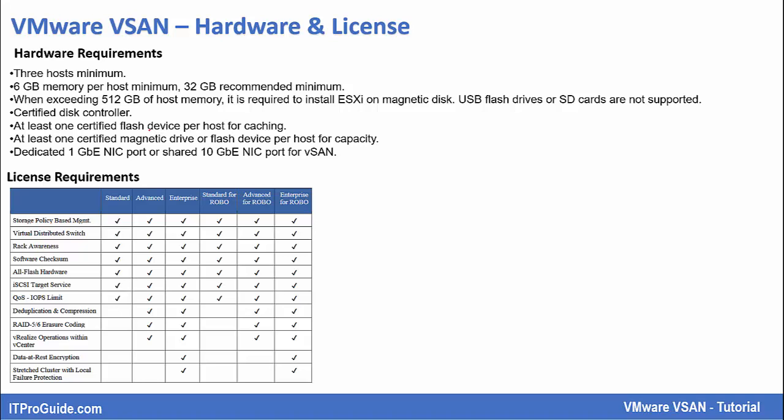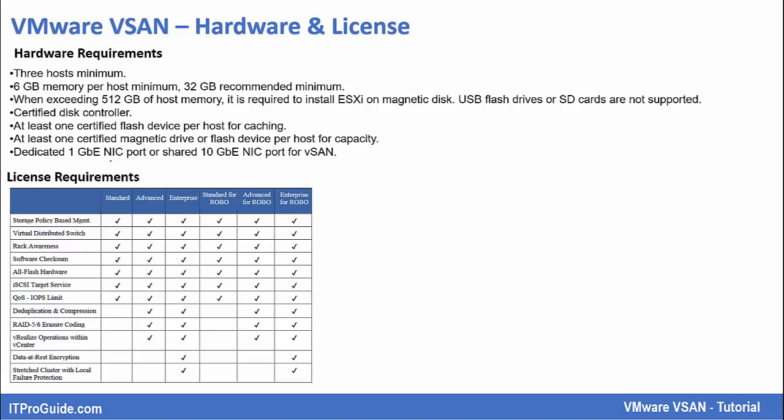This way you can save some cost, because you don't need a costly SAS disk or flash disk. You can just run ESXi on an SD card or a USB flash drive if you don't exceed 512 GB for a single host. And the disk controller should be certified, and you need at least one certified flash disk for caching and at least one certified magnetic drive or flash device per host for capacity.